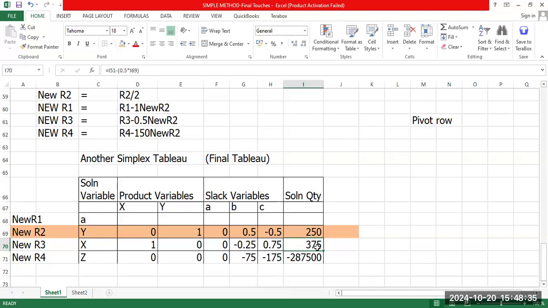It's not negative, because we don't expect negatives here for constraints. If you get a negative, know that you are wrong. Have you repeated using your calculator? You repeat again and see whether you are getting this.